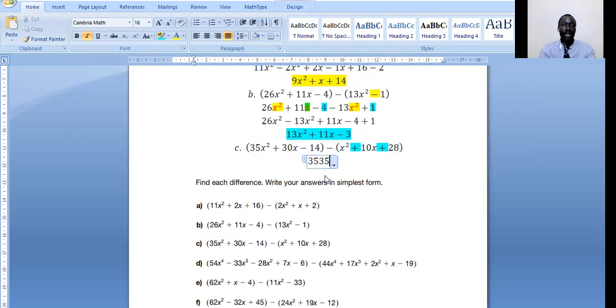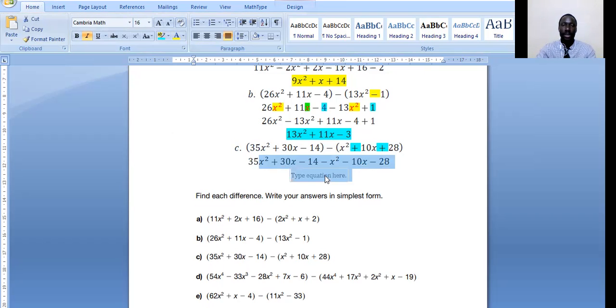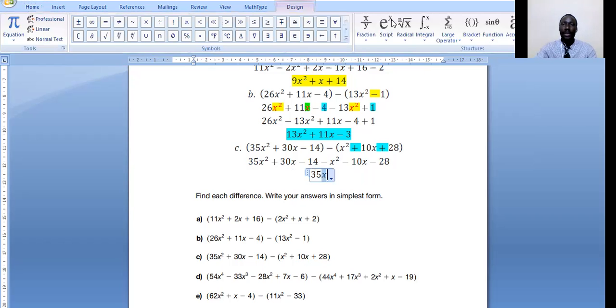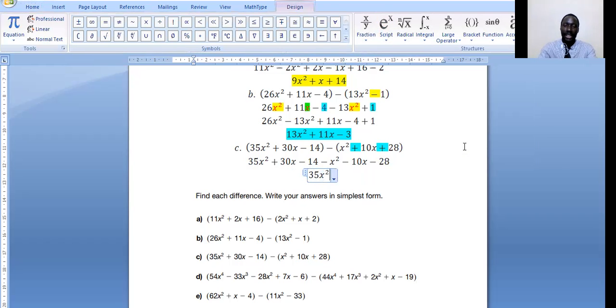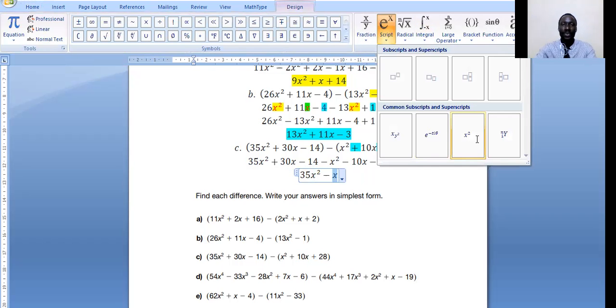It's 35x squared. Then next to it, I will put minus x squared, because they are like terms.